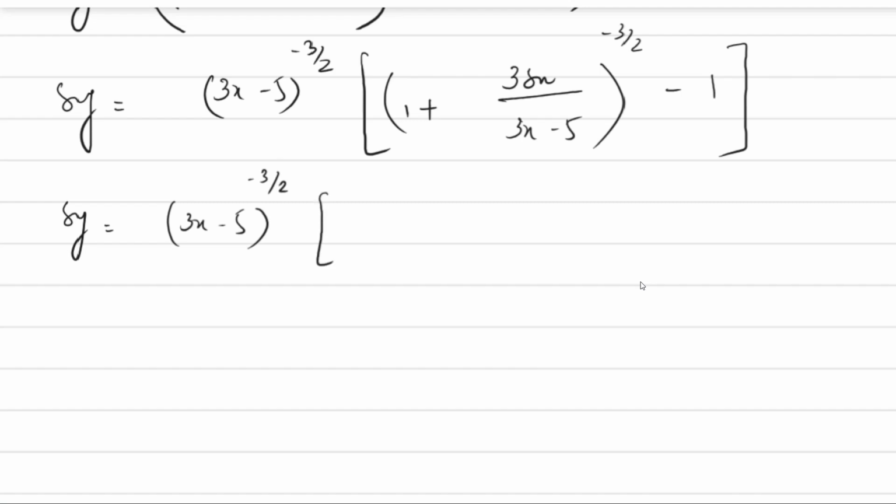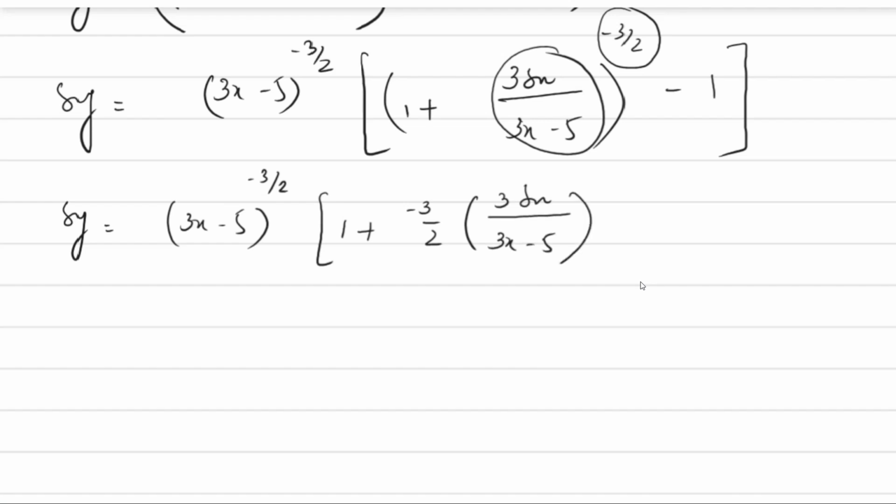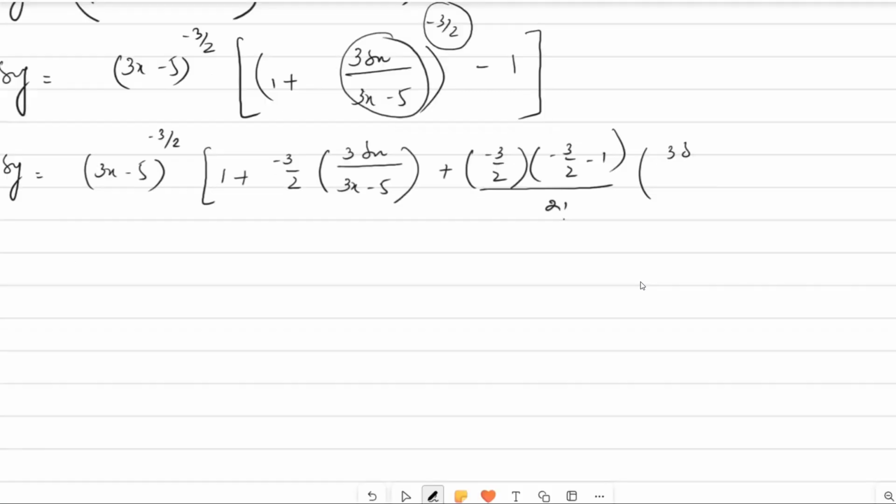We are opening it by binomial theorem. 1 plus (-3/2) into 3 delta x by (3x - 5), plus (-3/2)(-3/2 - 1) by 2 factorial into (3 delta x by (3x - 5)) whole square, plus so on, and this minus 1 will be the same. So plus 1 and minus 1 will be cancelled.